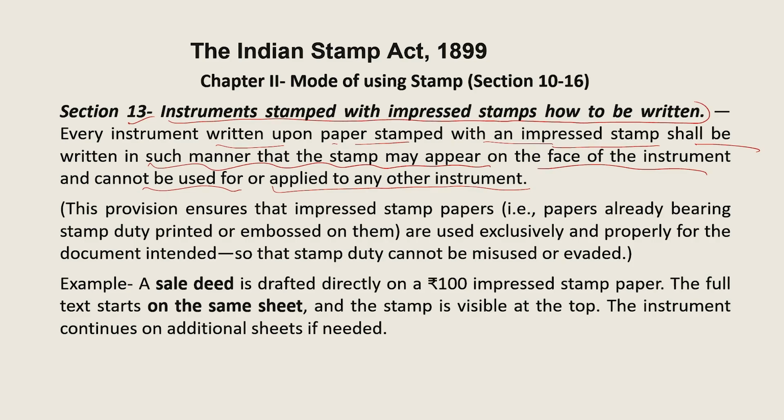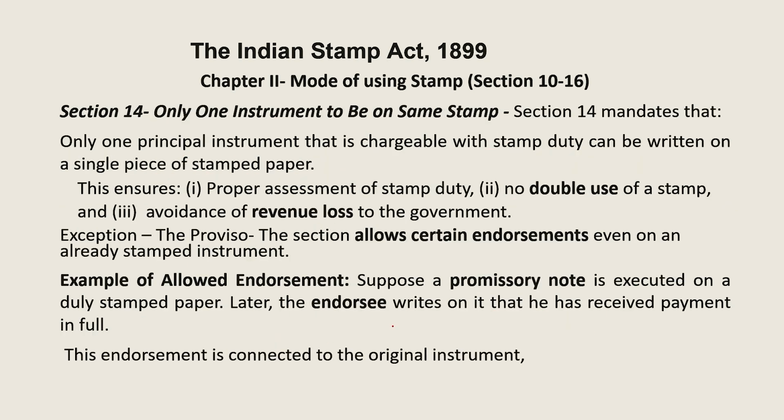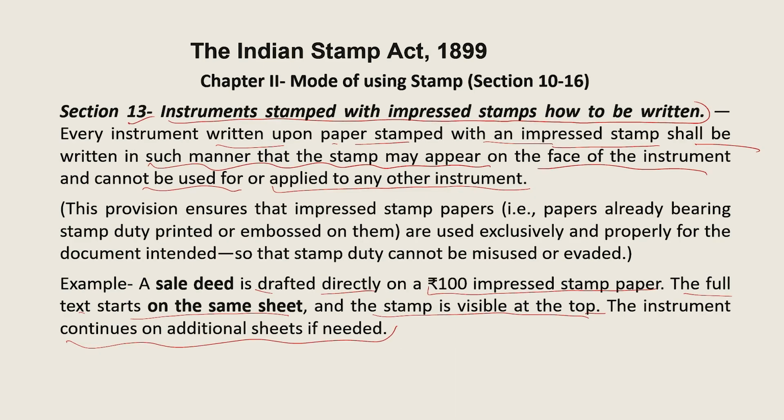So that stamp duty cannot be misused or evaded. So we can see one example. If a sale deed is drafted directly on a 100 rupees impressed stamp paper, the full text starts on the same sheet and the stamp is visible at the top. So the instrument may continue on an additional sheet if needed. But if the paper impressed with the 100 rupees stamp remains blank and the sale deed is started on the additional sheet, then it will not be considered a genuine sale deed.